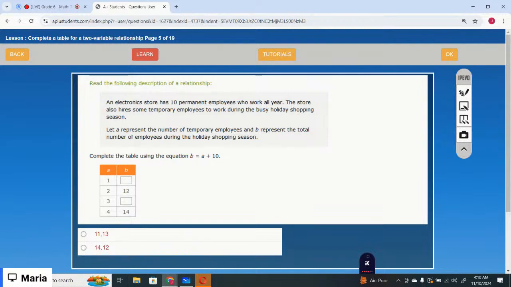The correct option is 11 and 13. Option number 1 is the correct option.